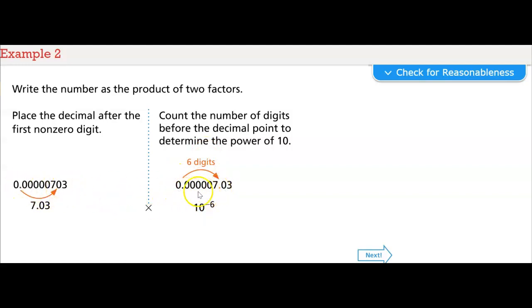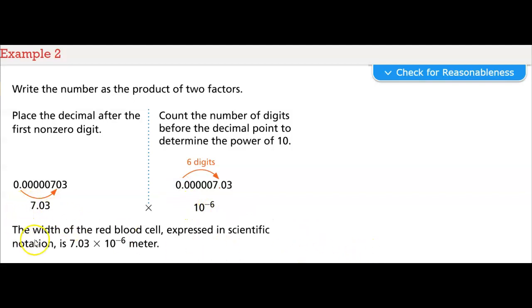So we moved it behind the 7, and then you count 1, 2, 3, 4, 5, 6. So it's negative. 6 is the exponent, and the width of the red blood cell expressed in scientific notation is 7.300 times 10 to the negative 6 power meter.